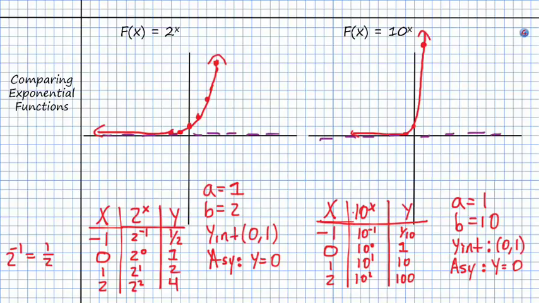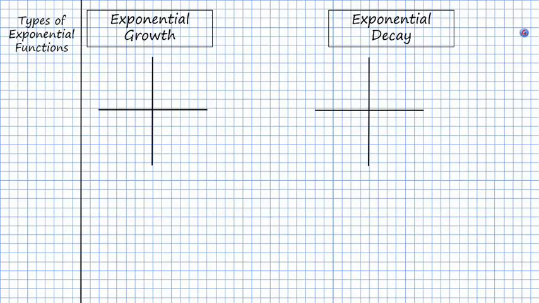All right, so now let's look at the difference between growth and decay. So we've already seen a little example of exponential growth, right, and exponential decay. So let's go ahead and do this in a more algebraic way.